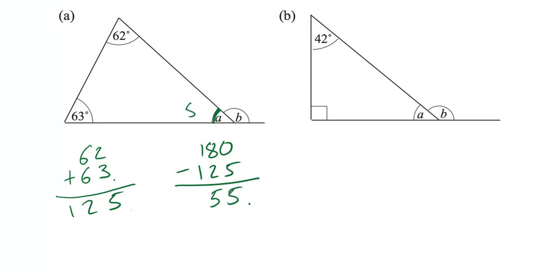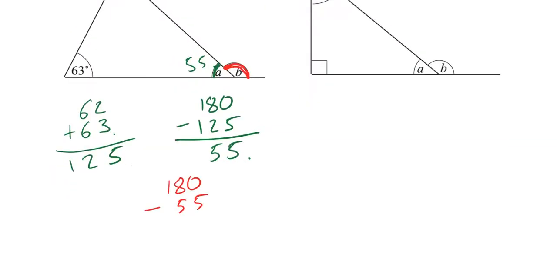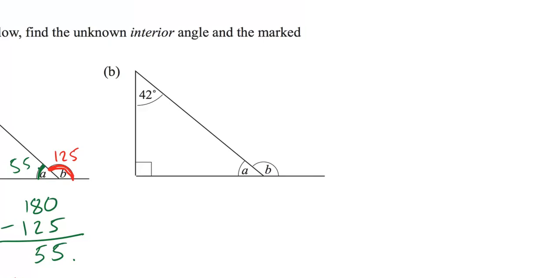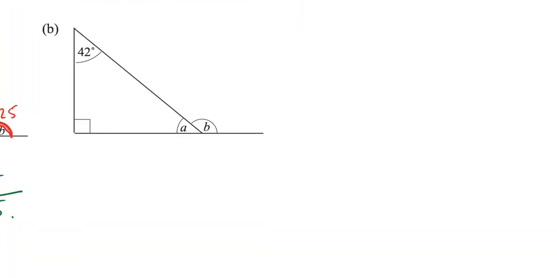So A is 55. Now, to find the B, we know that angles on a straight line add up to 180. So that A and that B combined is 180. So to find B, I could do 180, take away 55, and that is giving us that 125 again. B is 125.